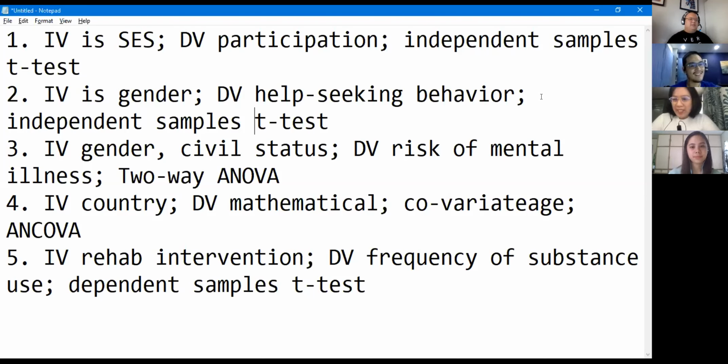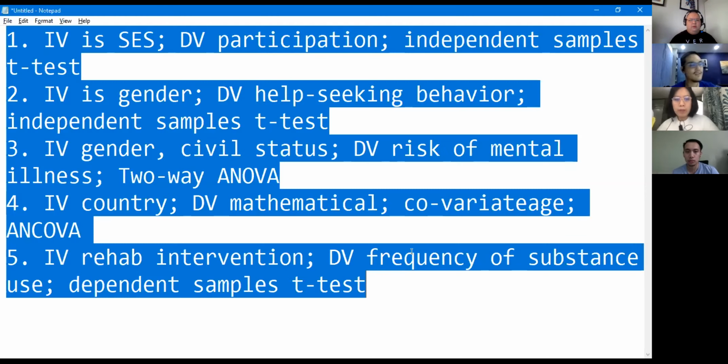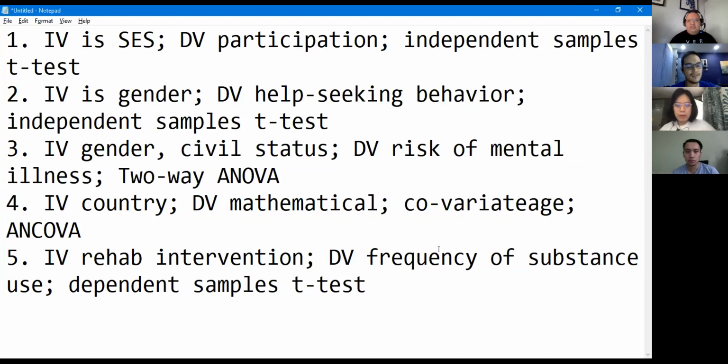Sa other group, sabi nila ang number 5 ay paired samples t-test instead of dependent samples. Paired samples, I think, is the same as dependent. Ibang term lang yan. Okay. Sorry for confusion. I will send this to chat para in case pa-report tayo isa-isa. Hindi na ako yung magsasalita. Salamat.